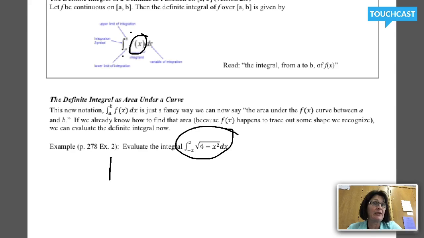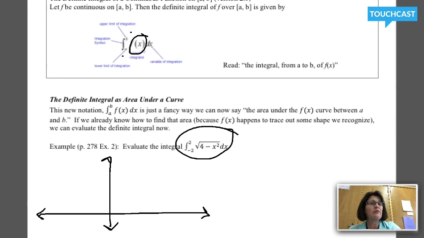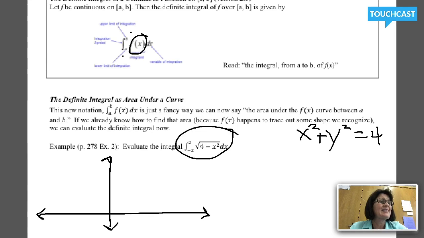And if we can make that picture and recognize the area, all we're going to do is report the area. So this is an example. We had one back in the 5.1 video. The function y equals the square root of 4 minus x squared comes from x squared plus y squared equals 4. That's a circle with the origin as the center and 2 as the radius.